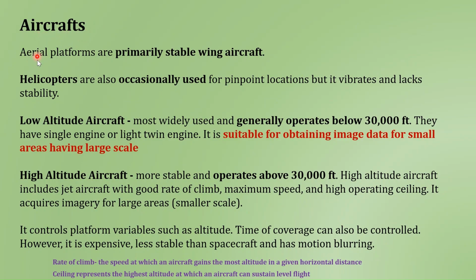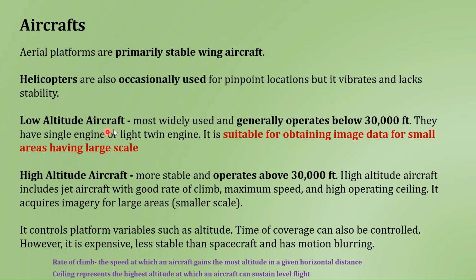Next is aircraft within the aerial platform. Within this, helicopters or aircraft can be used. Helicopters are occasionally used for a particular location, but they are not preferred because, due to their vibration, they lack stability. Then there are two types of aircraft: one is the low altitude aircraft and the other is the high altitude aircraft.